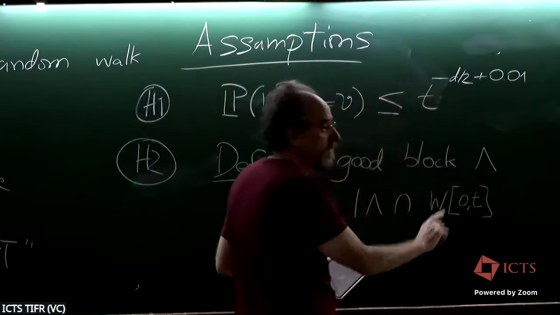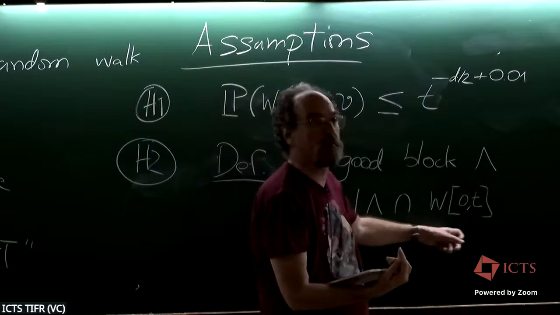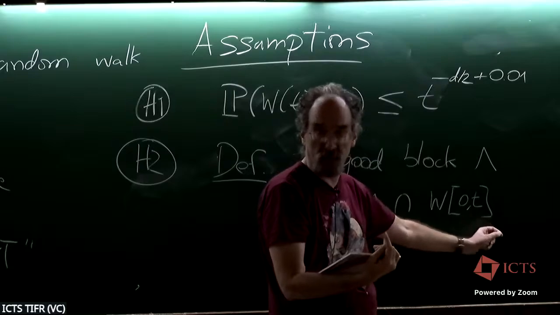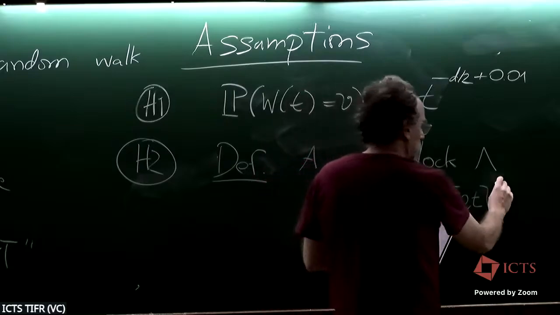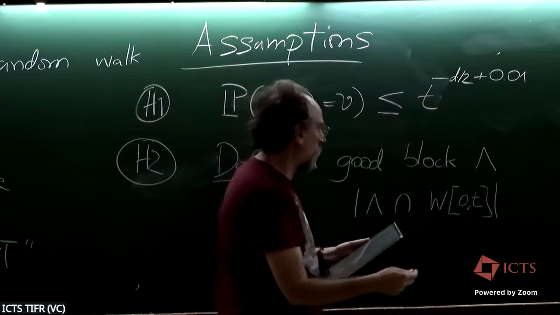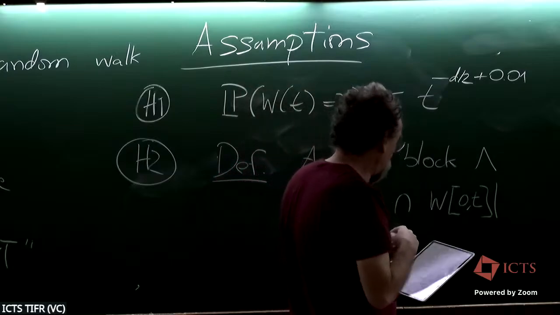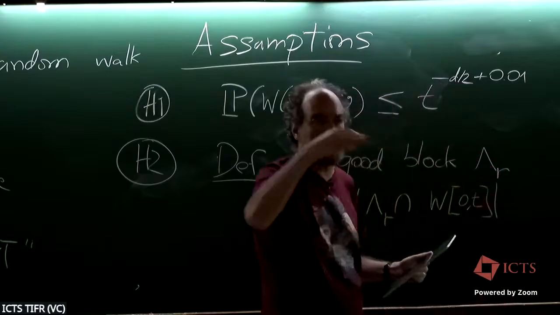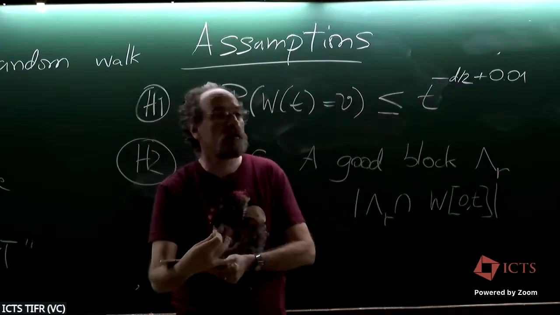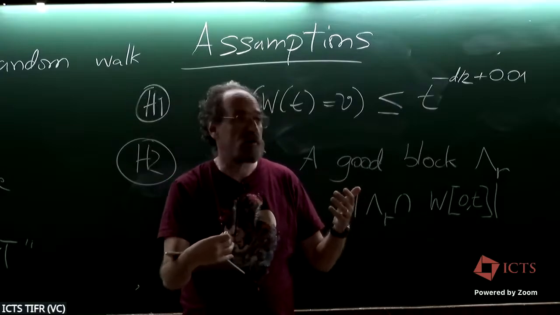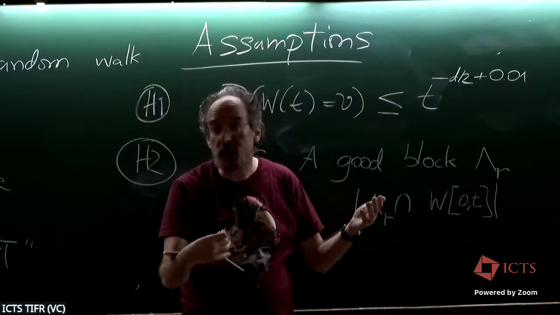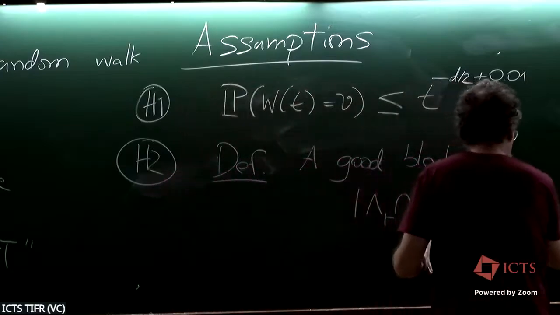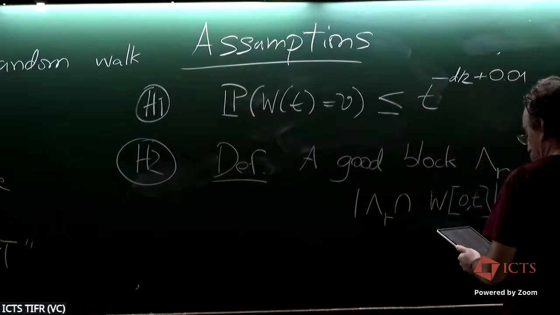I'm still using this notation as I used before: the path that the process does up to time t, so all the vertices visited up to time t. Well, what do you expect? Let's call it lambda r. It's a block of side length r. So for random walk, you expect r squared visits at most. And again, we will require something similar, but with some leeway.